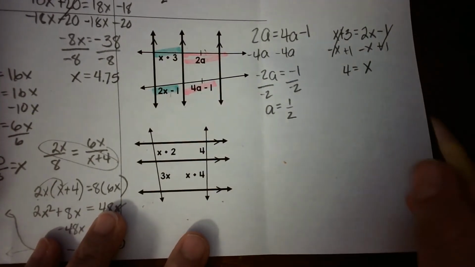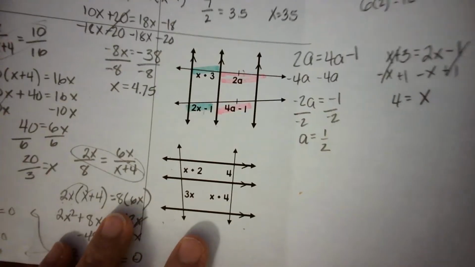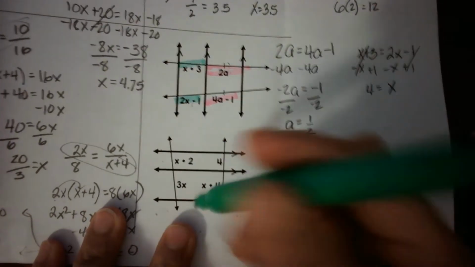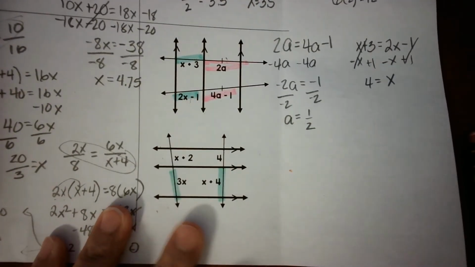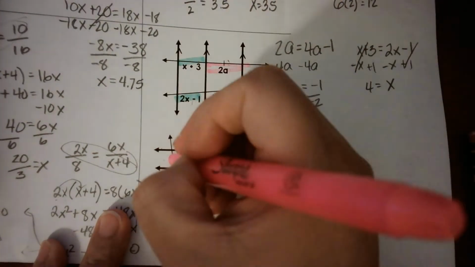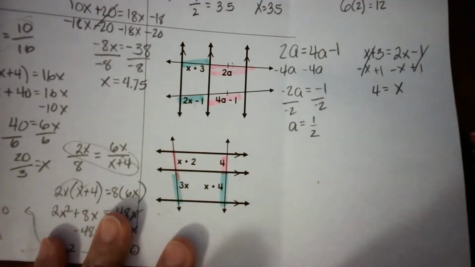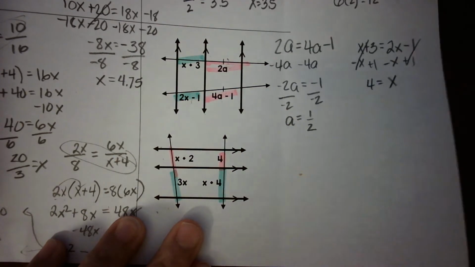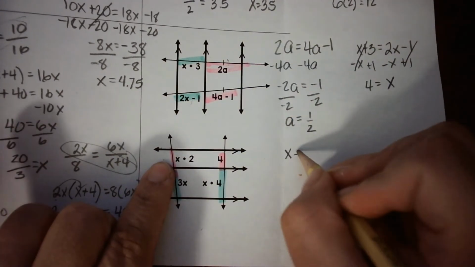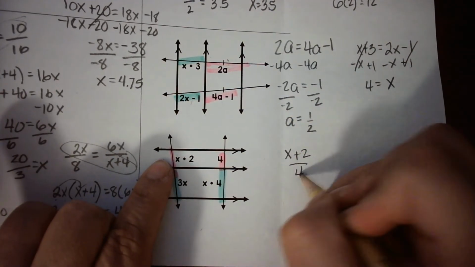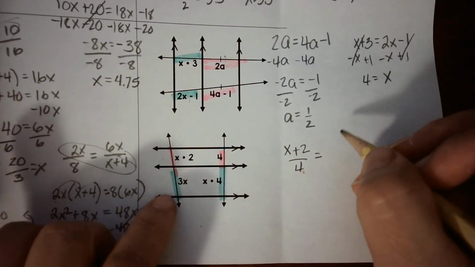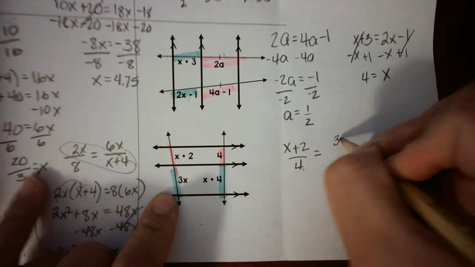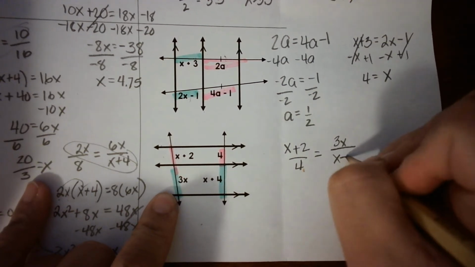No markings. So we're going to compare this one to this one. It's just which highlighter I find first. This one with this one. So I'm going to write x plus 2 divided by 4 is equal to 3x divided by x plus 4.